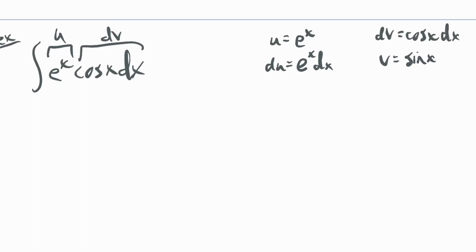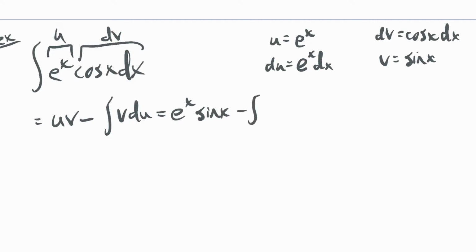So this equals uv minus the integral of v du, which is e to the x times sine of x, minus the integral of sine x times e to the x dx.